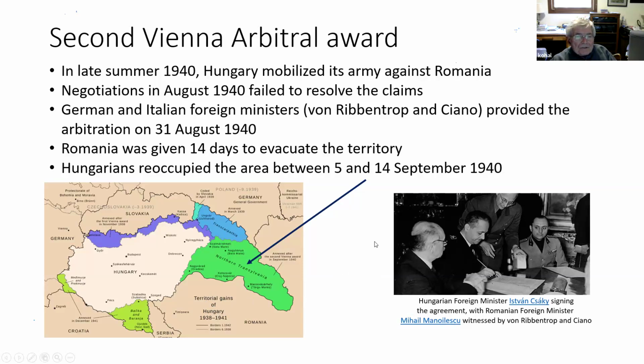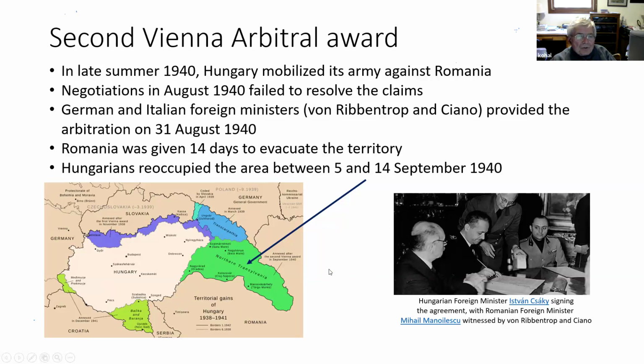Now, one thing I didn't mention: when the Treaty of Trianon was being formulated, the successor states wanted to make sure that they retained the railroad lines, for example, running along the western edge of Transylvania between Nagyvárad, Szatmárnémeti, etc. They wanted to maintain control of that.